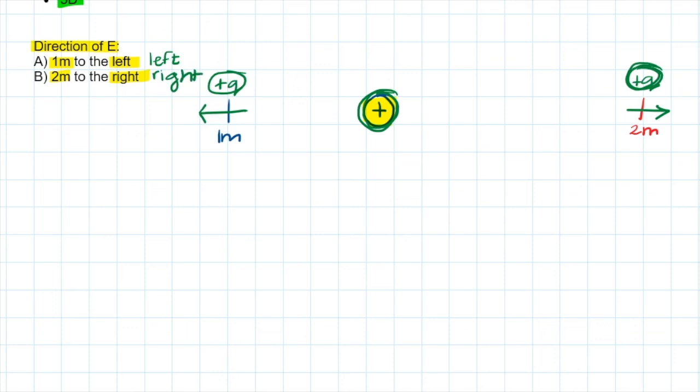Now let's go and replace this positively charged particle by a negatively charged particle like this. So here is our negatively charged particle. Now we say determine the direction of the electric field at 1 meter to the left. Here's 1 meter to the left of this negatively charged particle.